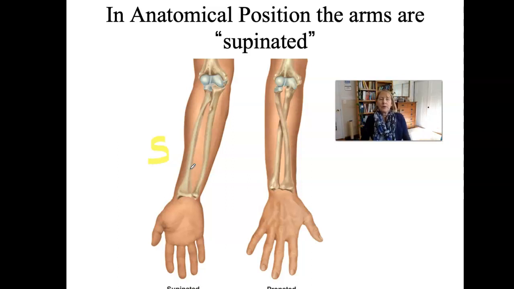And pronated if you are in this position like this. It's so interesting because when you pronate your arm, it turns out that those two bones rotate over each other. So it's a better position when it's unrotated. That's the one you want.